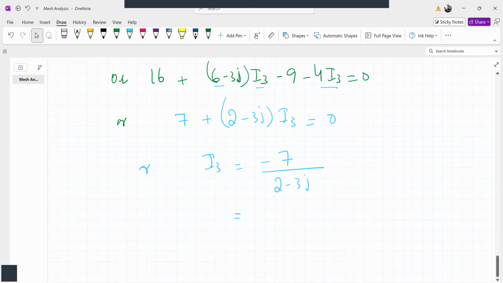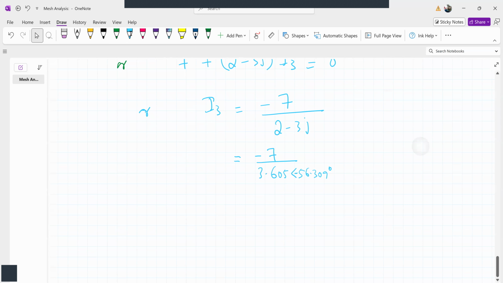So I3 will be equal to minus 7 divided by, we can write this in the phasor form, 2 minus 3J. That will be equal to the square root of 4 plus 9, that is 3.605, at an angle of tan inverse of minus 3 divided by 2, that is minus 56.309 degrees.